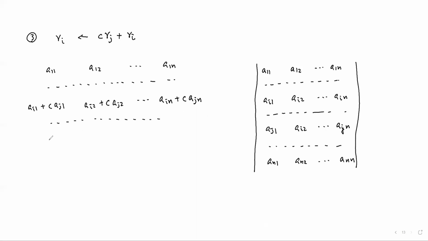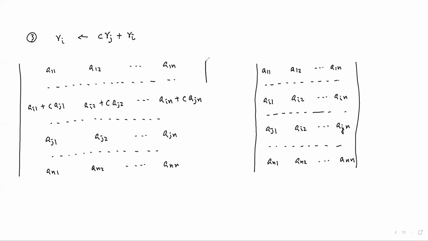The other rows, say row J and the bottom row, do not change. What is the relation between these two determinants?